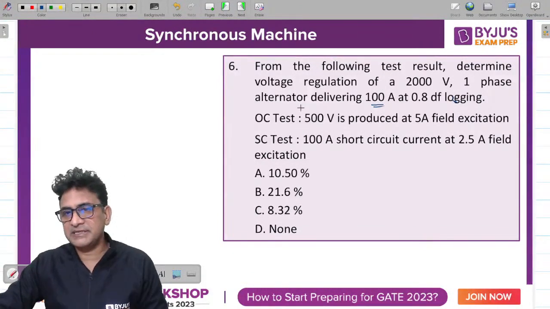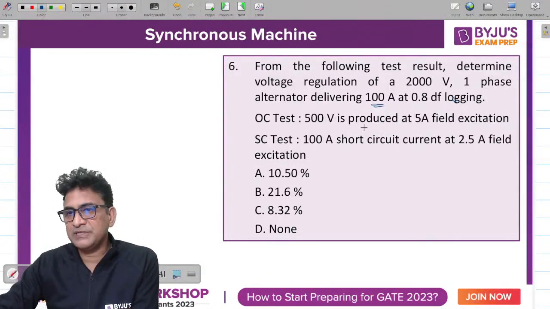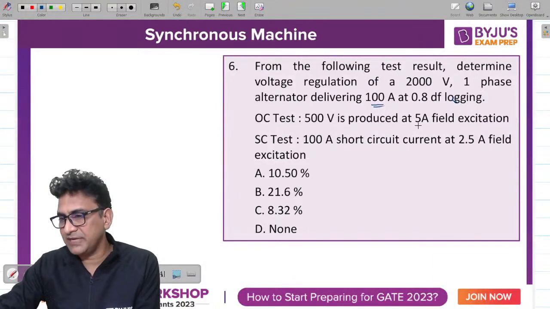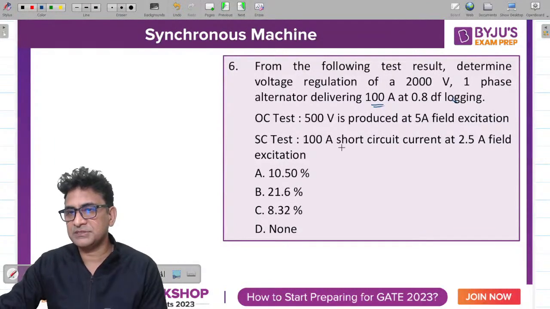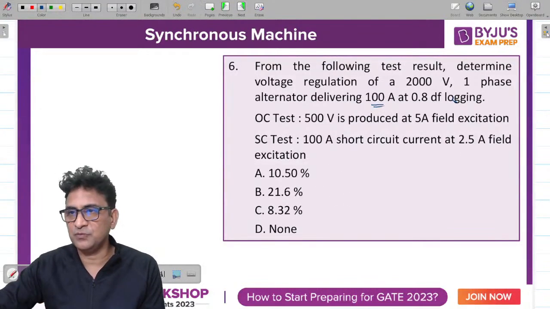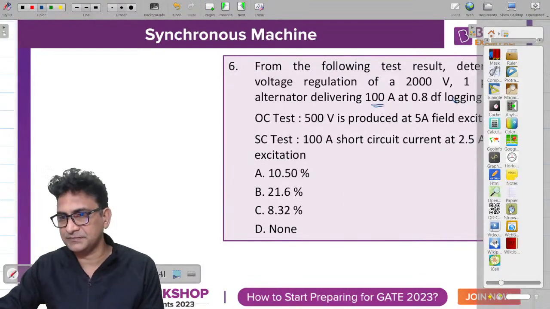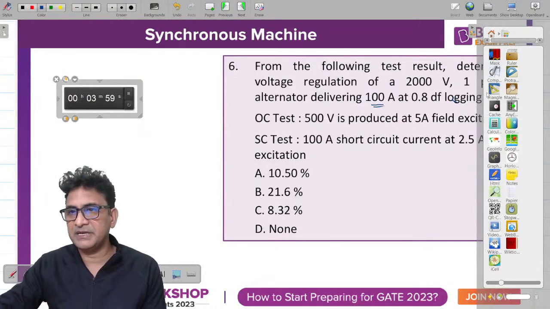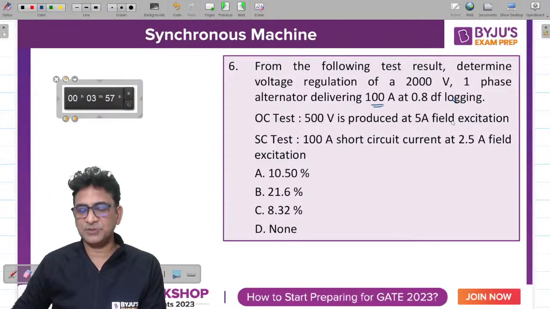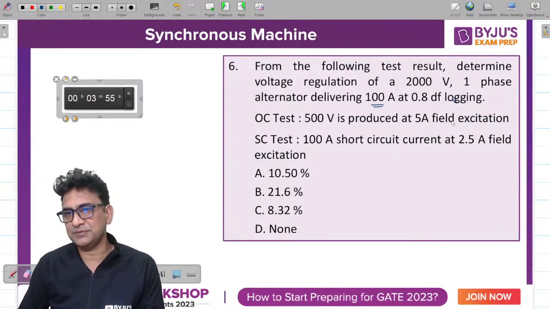The open circuit test data is given. 500 volt is produced, that is the open circuit voltage, when the field excitation is 5 ampere. In the short circuit test, 100 ampere short circuit armature current would flow if you apply 2.5 ampere of field excitation. What is the value of voltage regulation? You have to find the voltage regulation when 100 ampere current is flowing at 0.8 power factor lagging load.